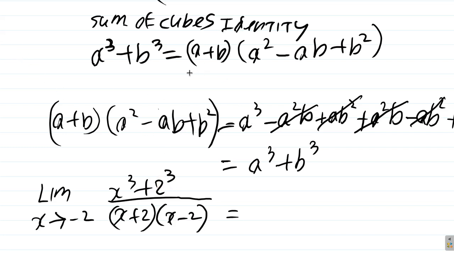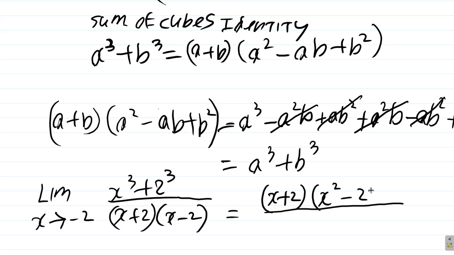So whatever you do with a and b here, you'll have to do with x and 2 here. So let's see what happens over here now. This is x plus 2, that's like the a plus b, and you have x squared minus 2x plus 2 squared. That's what you would have.